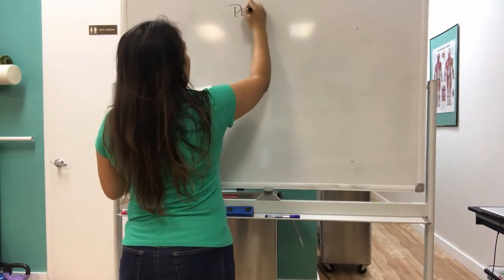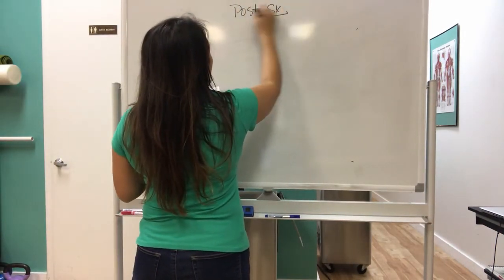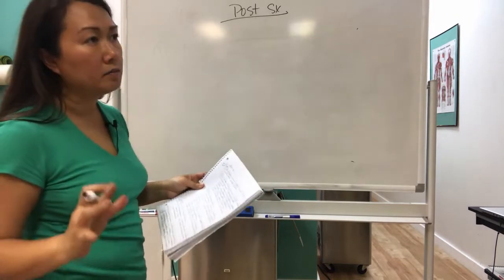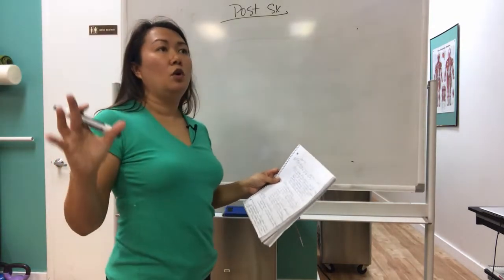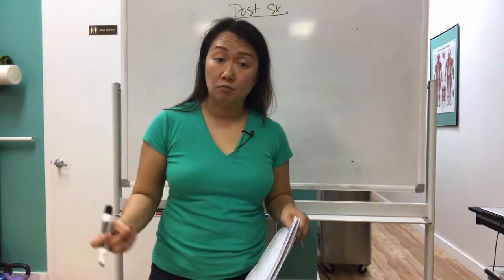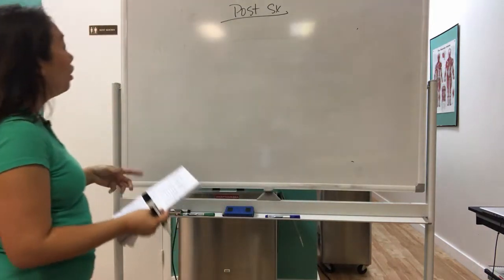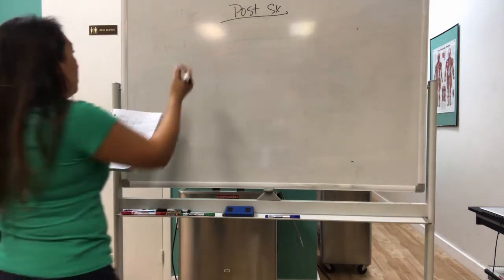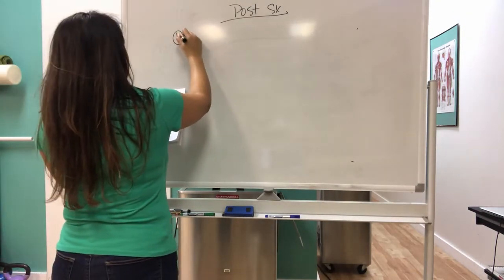All of this post-surgical stuff comes down to what you need to know as a therapist. You need to know the type of procedure, because then you'll know how bad it is and what you need to do to treat it.